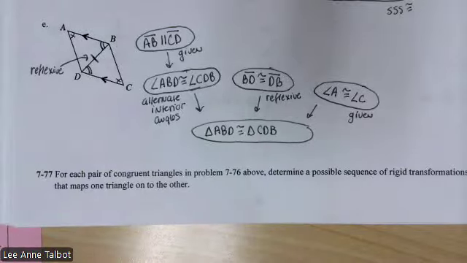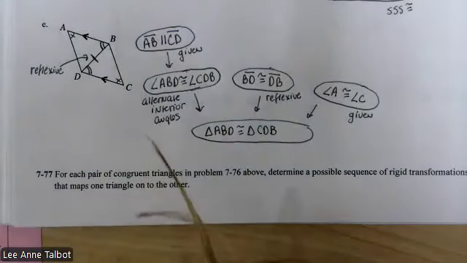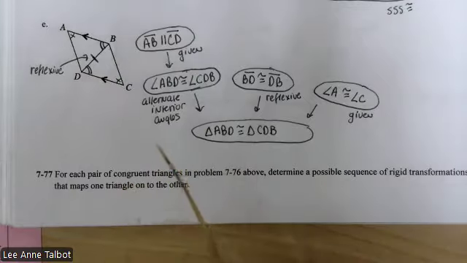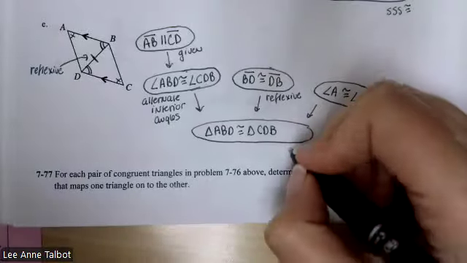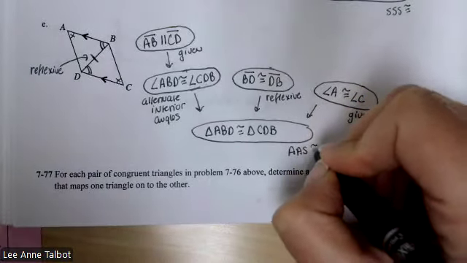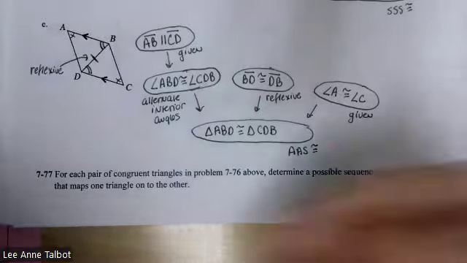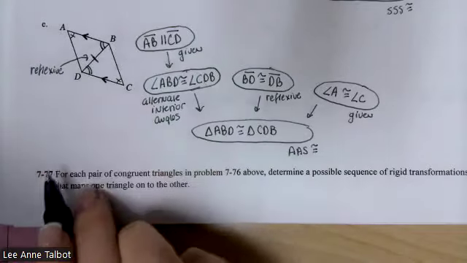Now here's the next hard question. Which one of the congruences is this? Correct. Angle, side. And which one of the transformations is this?